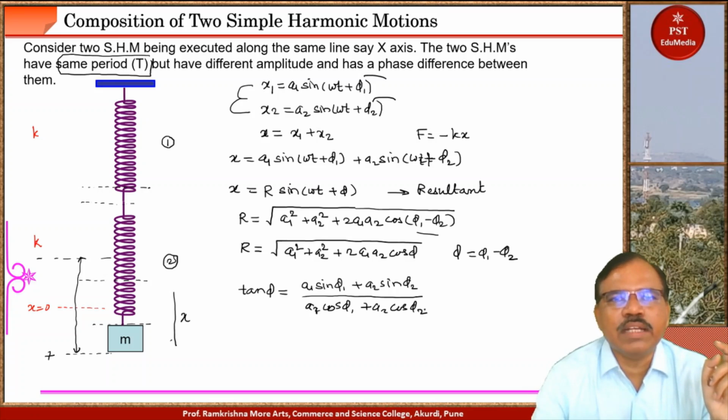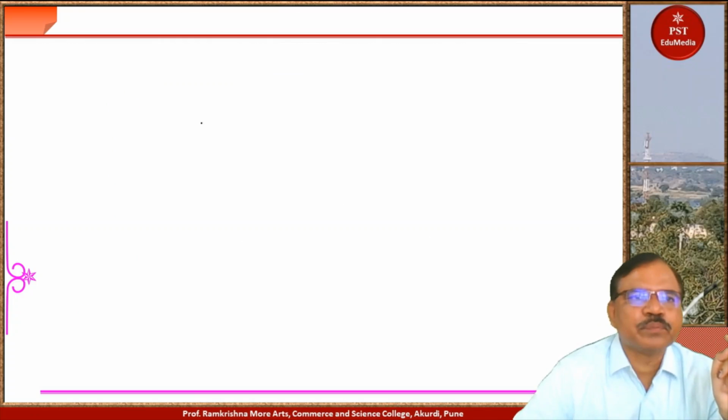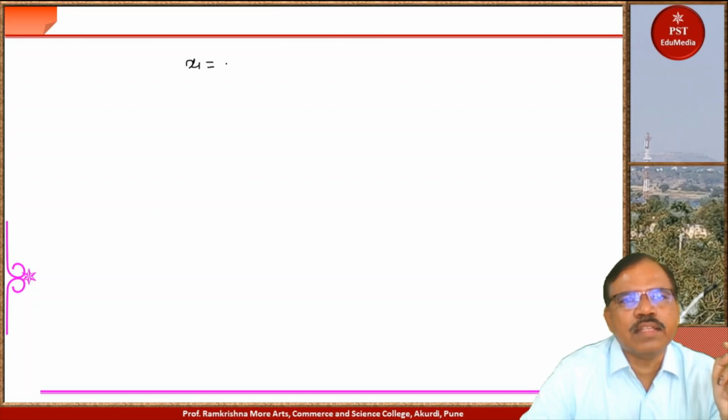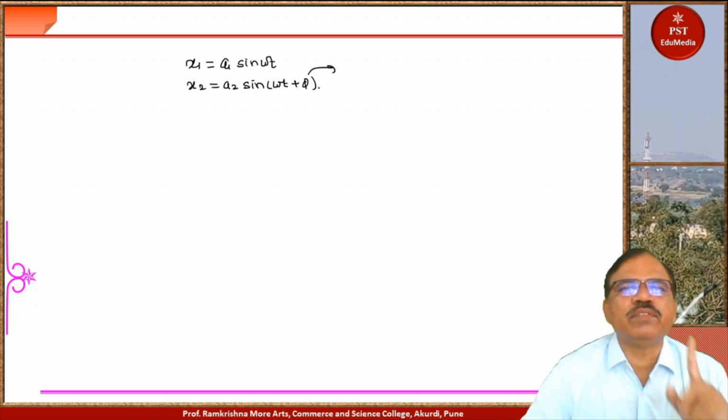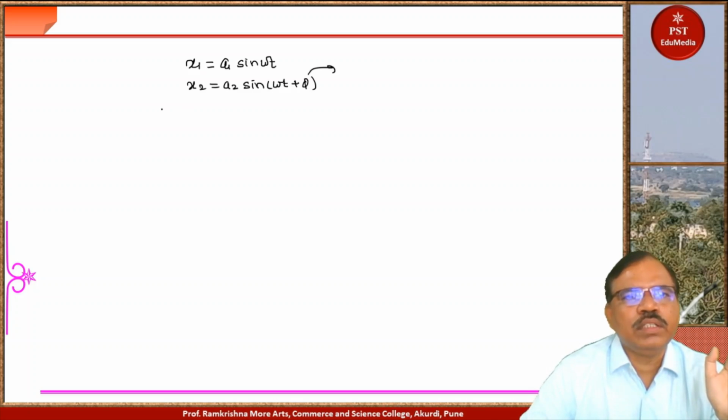Now we will take one case. Suppose first SHM is x1, that is A1 sin omega t, and second one is x2 is equal to A2 sin omega t plus phi. So starting phase difference we have included here. So here again x is equal to x1 plus x2.